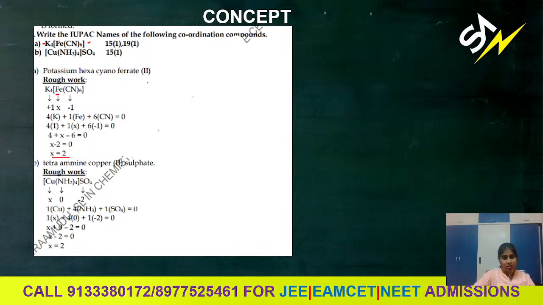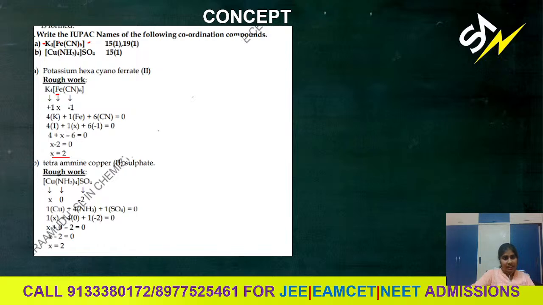So that is to be mentioned in its IUPAC name. If you write the name of this complex, what is present in the beginning? K is present in the beginning, right? So what is K here? Potassium. How many ligands of CN are present? 6. This 6 is represented as hexa.